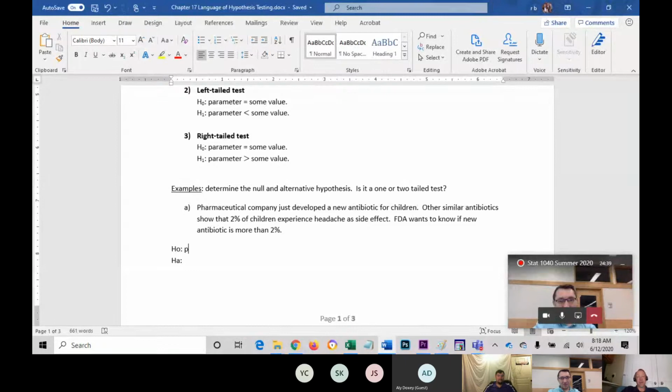So, just to make sure you have more or less confidence in your decision, one of the questions you may want to ask is, are the data quantitative or categorical? It's quantitative, so it should be mu. Why do you say it's quantitative? Because it's 2% of children experience headaches as a side effect. I don't know.